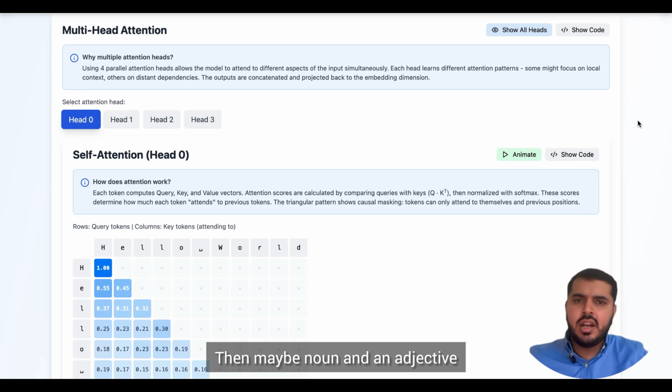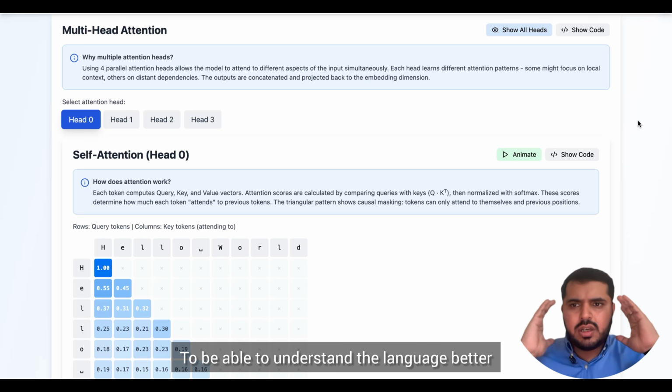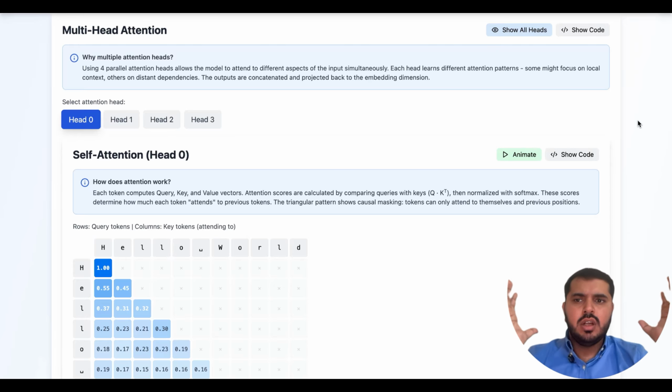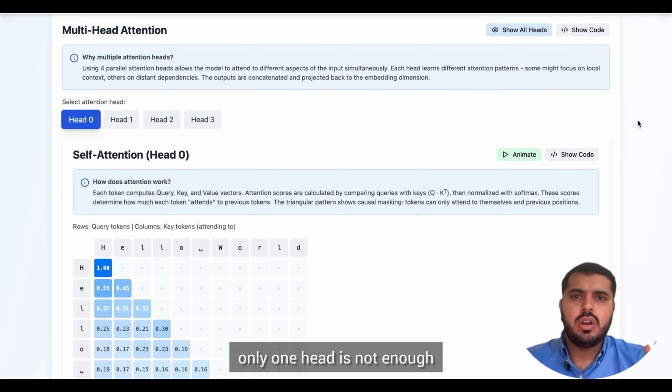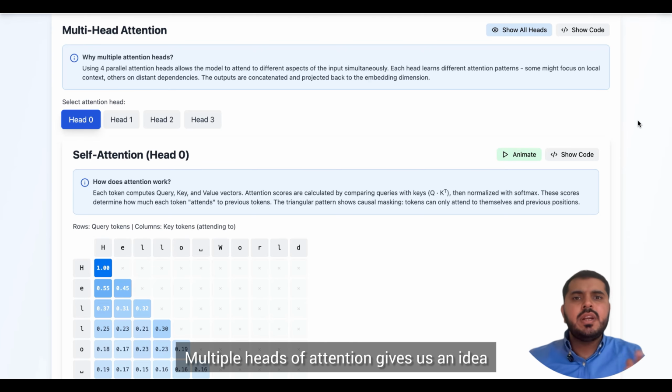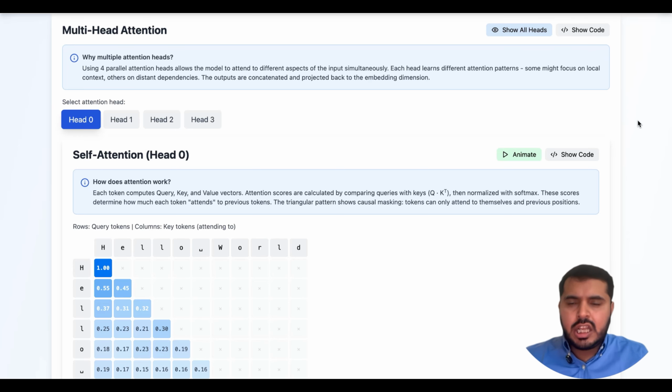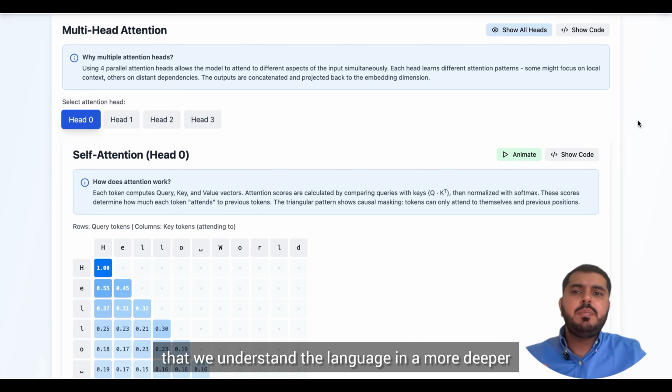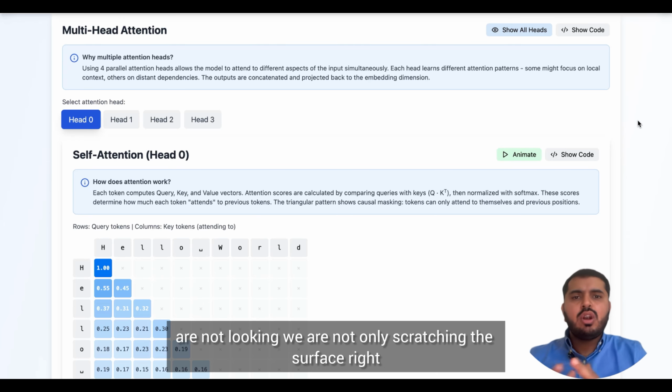Then maybe a noun and an adjective. To be able to understand the language better, only one head is not enough, right? One head makes a lot of sense, but one head is not enough. We need multiple heads of attention, which gives us an idea that we understand the language in a deeper and more hierarchical way, right? We're not only scratching the surface, right?